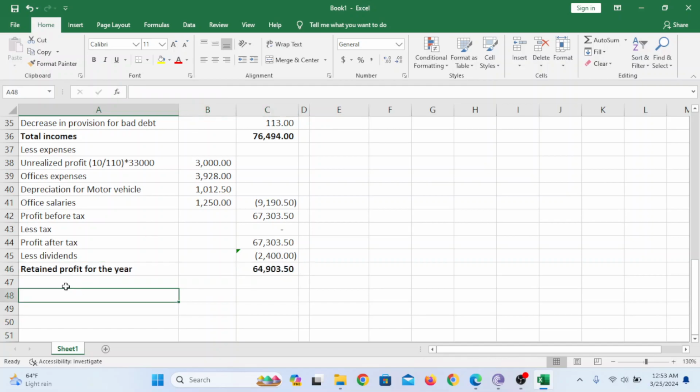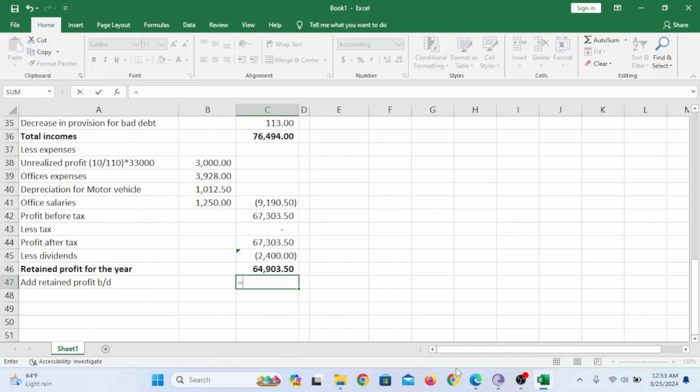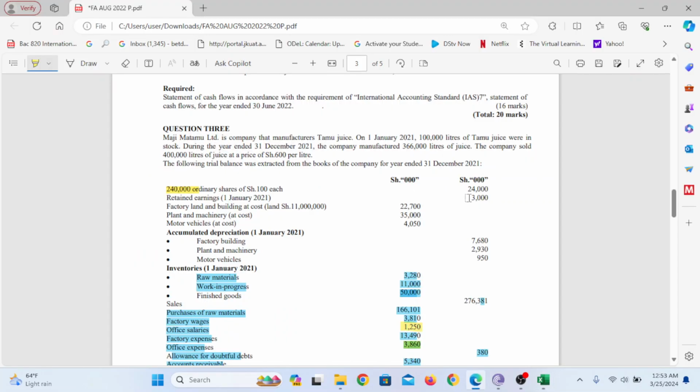And then we need to add retained profit brought down. The retained profit brought down is given in the question, that is the item here, 3,000.